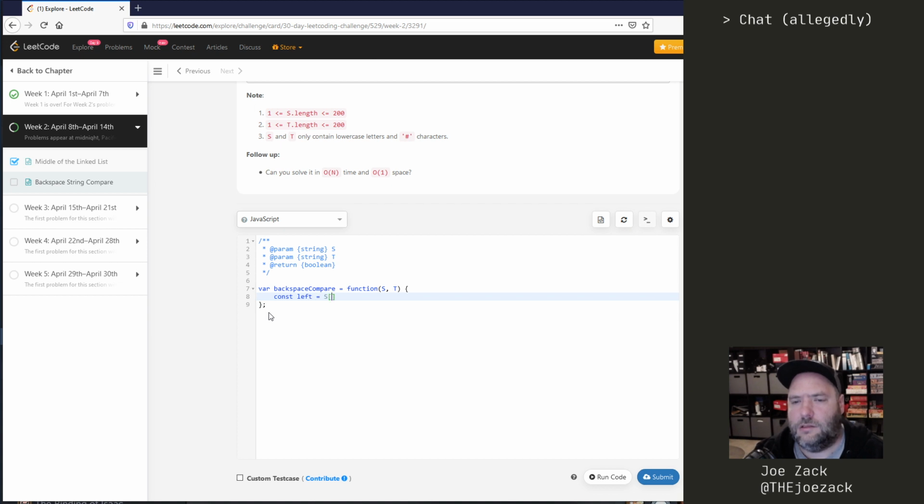Is S at 0? No. We'll call it left index and right index. All right, and what we'll do is basically advance the pointers, and we'll try to do this basically at the same time. Well, indexes at the same time.